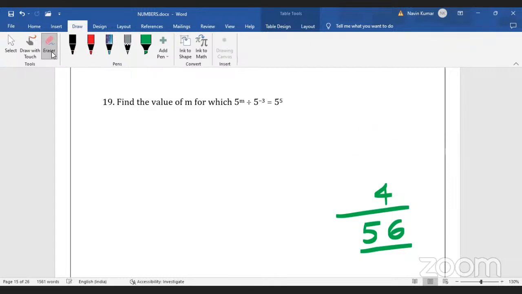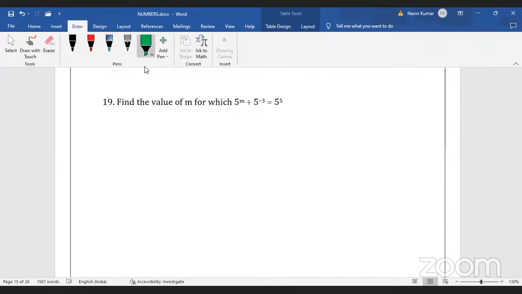Did you get the answer of this question? Find the value of m for which 5 to the power of m. See, we learned the concept that if the base is same, in case of division, we subtract powers.